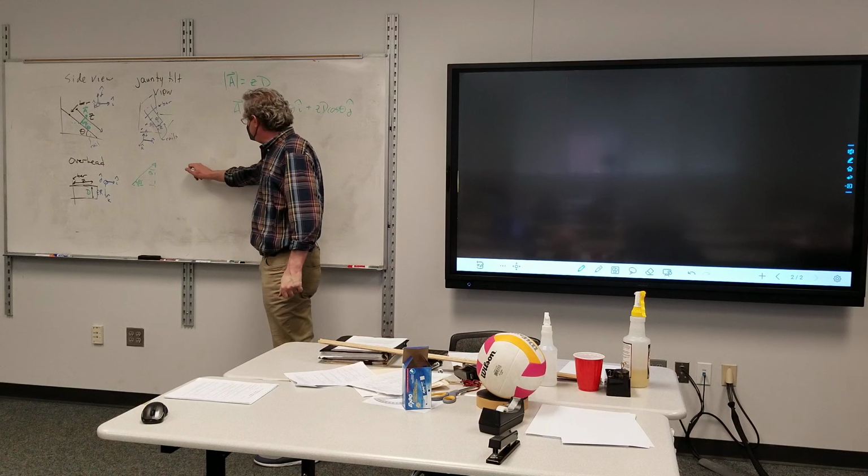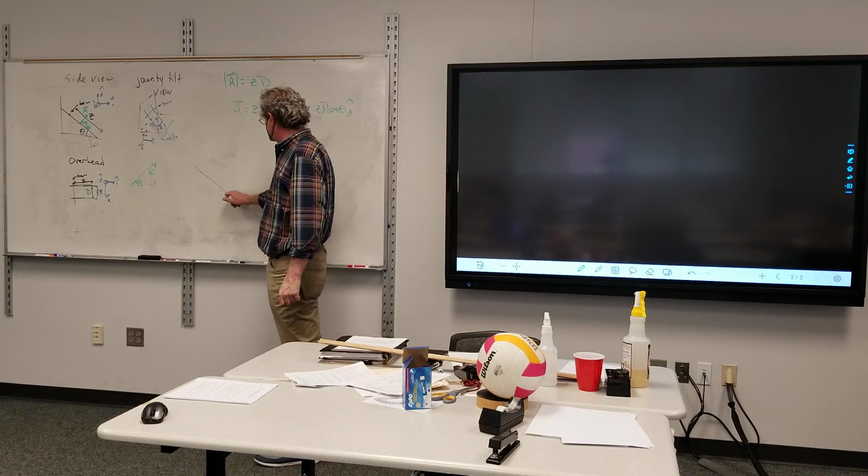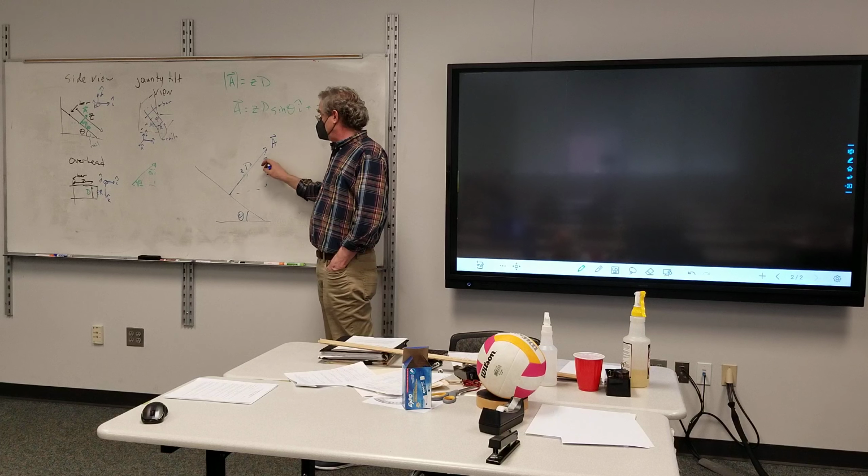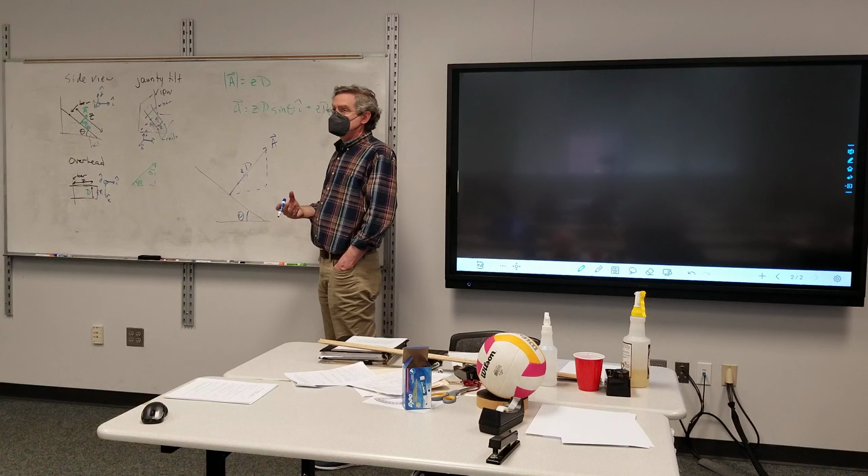All right, so that's my surface, and my area vector is in this direction. I give you that this angle here is theta. I'm going to break A up into its components. I know that the hypotenuse is the magnitude, ZD. So that's theta, or that's theta, one of them is.